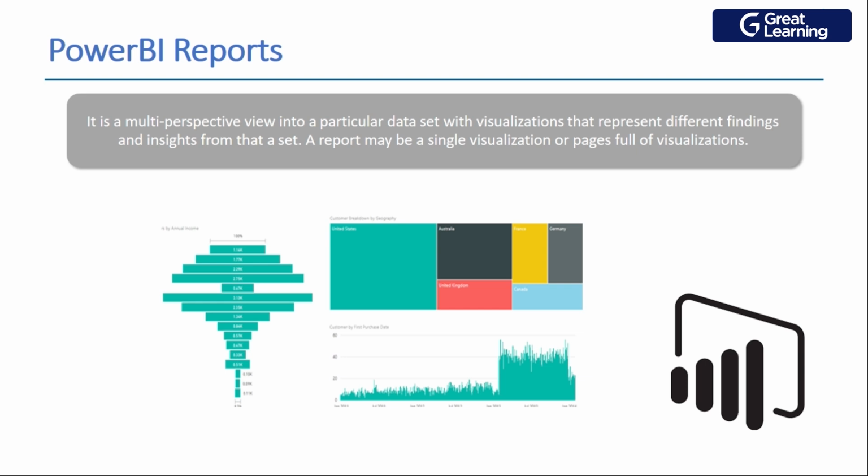A report may be a single visualization, or it could be multiple pages of different visualizations. So here your data set is single. Please note that. Okay. In Power BI, you can create your reports and you can edit the data that is there in your reports. But when you publish it as a dashboard is where you can interact with the data, but it is difficult to change your data once it is published in the form of a report.